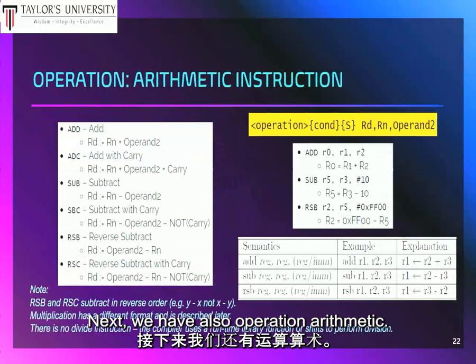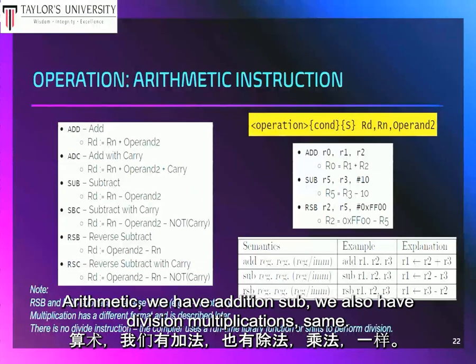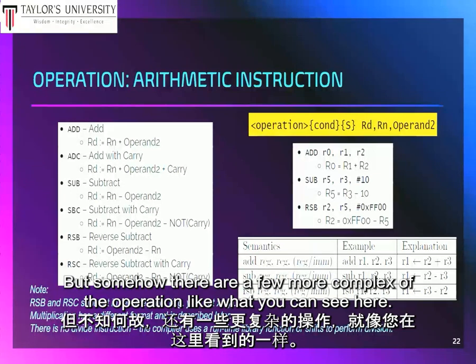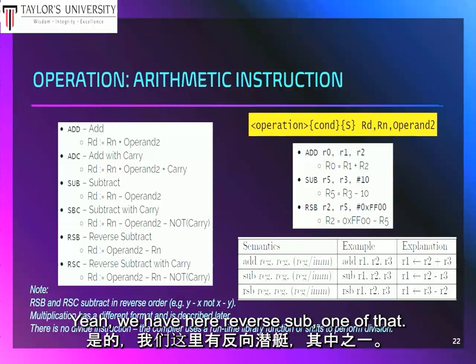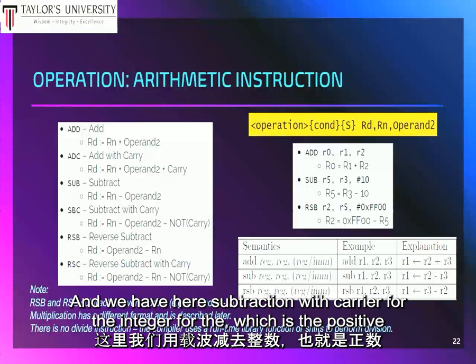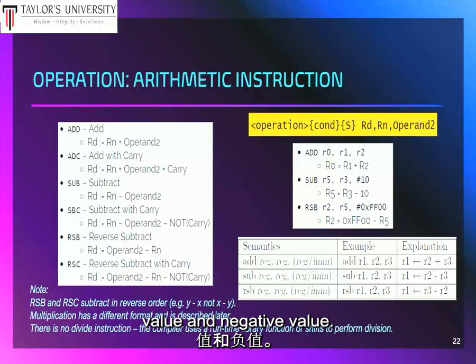Next, we also have arithmetic operations: addition, sub, division, multiplication, the same. But there are a few more complex operations, like what you can see here: reverse sub, and subtraction with carry for integers, positive and negative values.